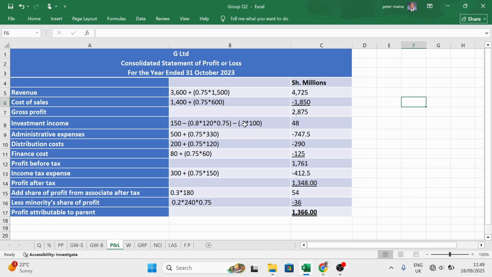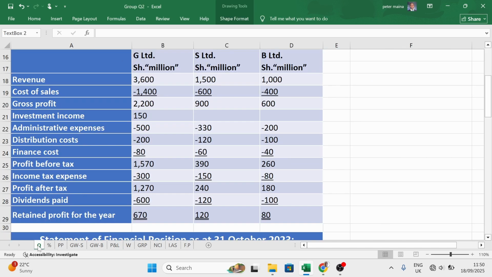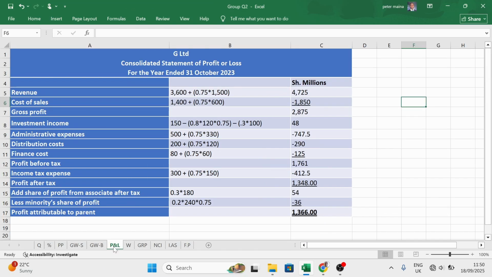The next one is the dividend received from the associate. 0.3, that is the percentage of holding, which is 30%. 100 is the dividend paid by the associate, and 30% of it is going to be received by G. So we deduct the dividend from associate, and we also deduct the dividend from subsidiary.